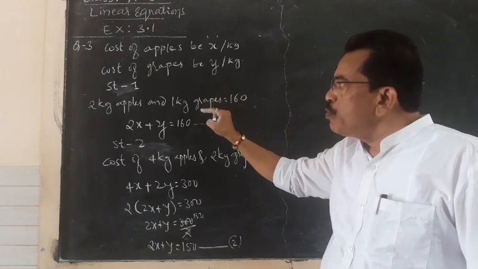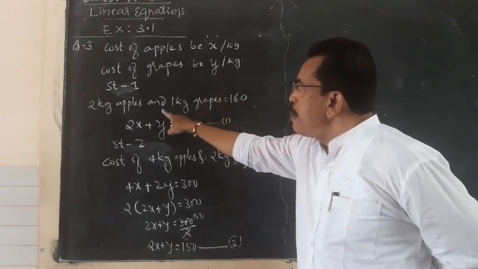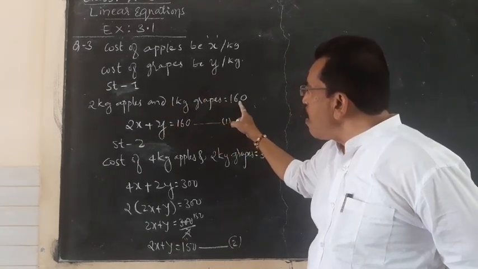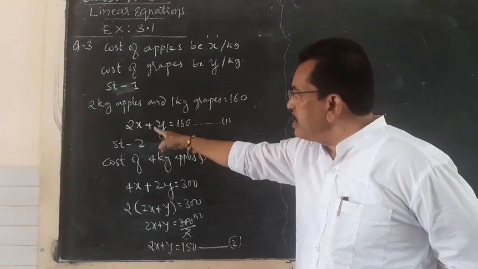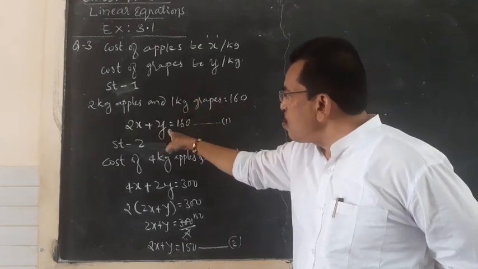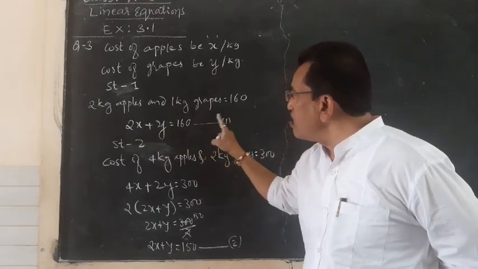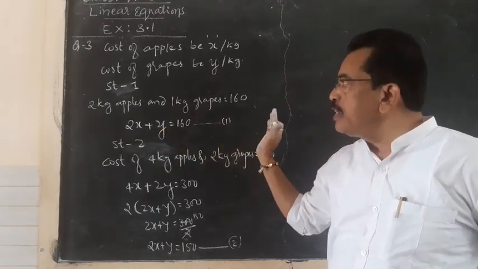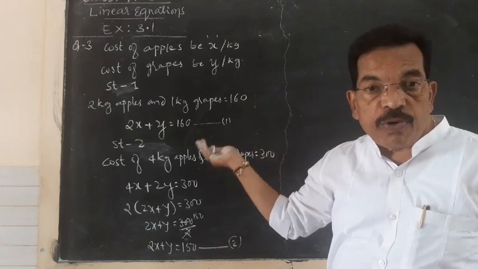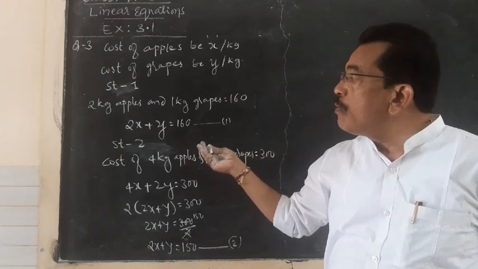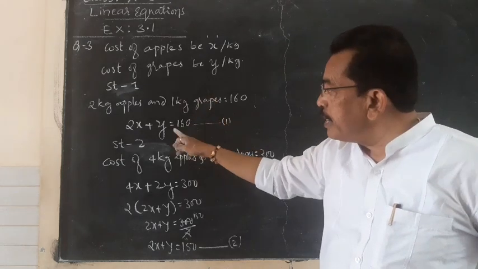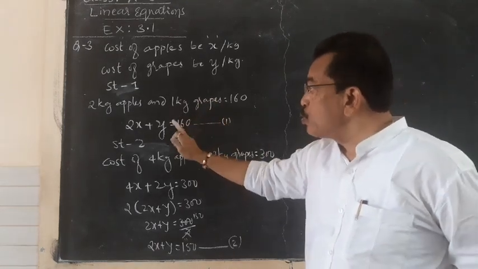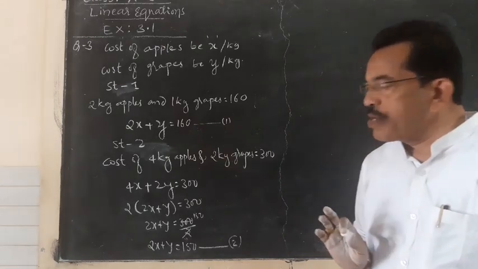In statement 1, 2 kg apples and 1 kg grapes cost 160. That means 2 into x, then 1 into y, that is 2x plus y equals 160. The first statement has been converted into a mathematical statement.